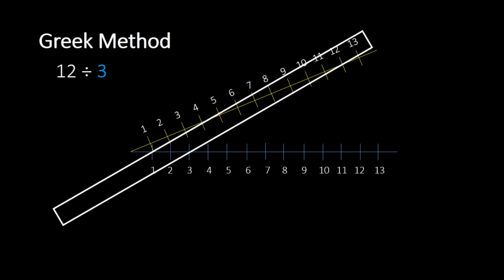So we can mark the 3 and the 12. That's where they intersect. But look at where 1 intersects, okay? So that line goes straight and it intersects at the number 4. That intersection is where our quotient will be.